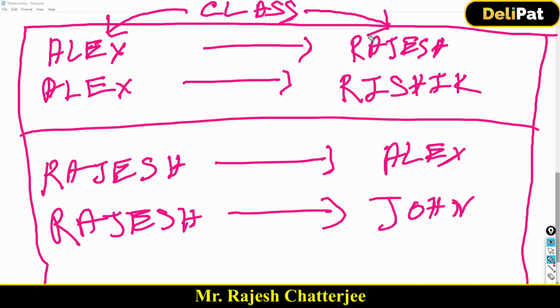While creating the data, you're selecting Alex as the teacher, Rajesh as the student. Again, you create another class called class 1 section A, and while creating that data, you're selecting Alex as the teacher, and Rishik as the student. So this is where you're actually doing a many-to-many relationship.